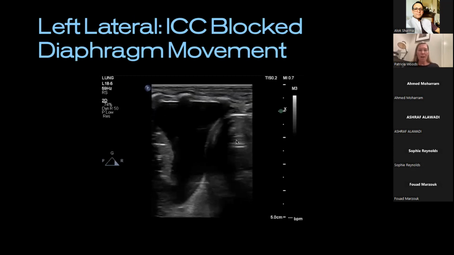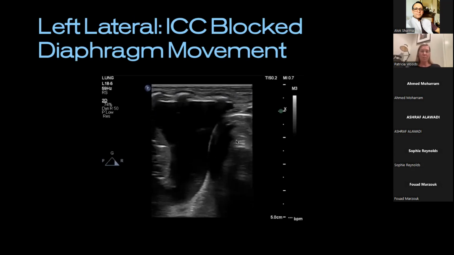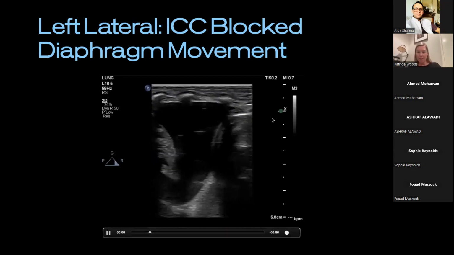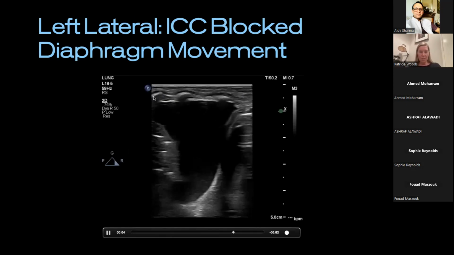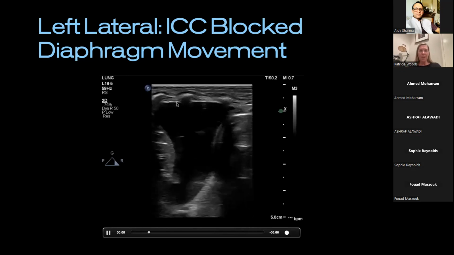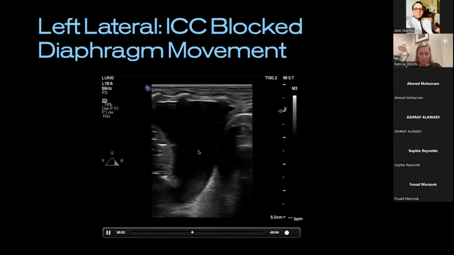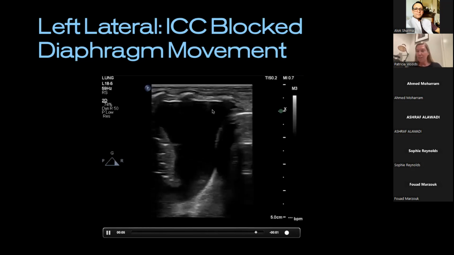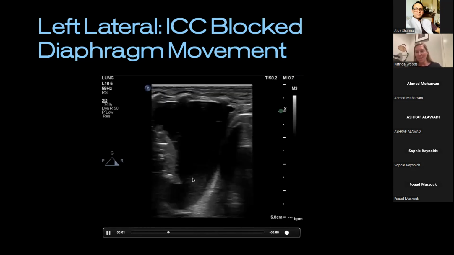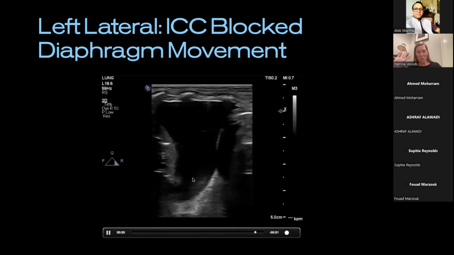Okay, coming from the side here, same one. So I've got my costophrenic angle. I've really gone to town on the depth here, 5 centimeters. So you'll observe the chest wall, the little ribs. I've got that massive amount of fluid. You often get little grainy, sparkly bits in it with particulate matter. Again, please don't ask me what's in it. I can't tell you effusions or whatever.